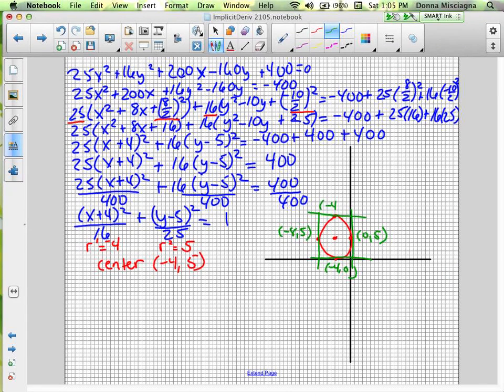So I thought this was a good idea for me to graph this for you. A, because I think you could use a little practice in factoring and rewriting conic sections. B, because you can also use a little practice in graphing them. And C, I think it helps this whole problem make sense when you can see the graph and you can see the vertical and horizontal tangent lines.